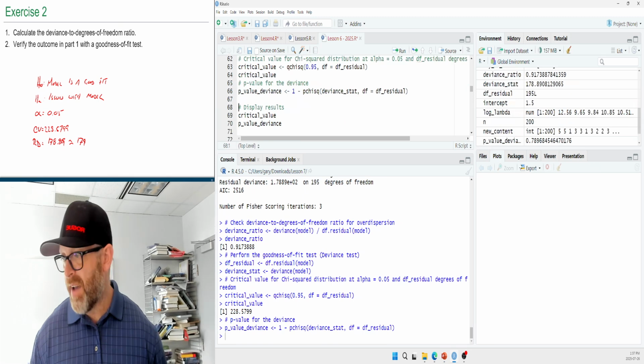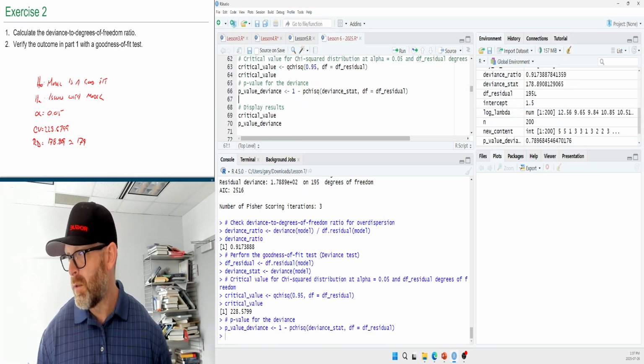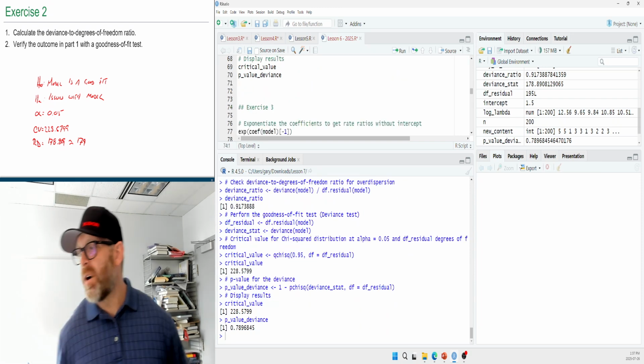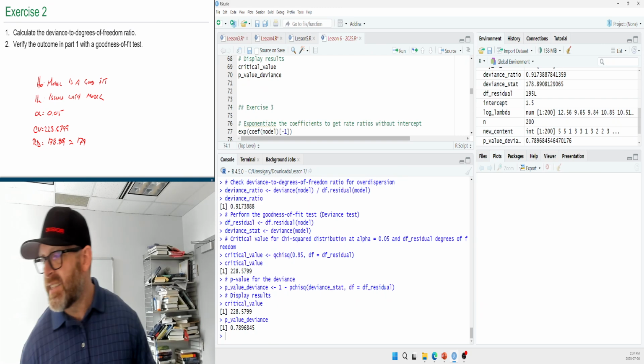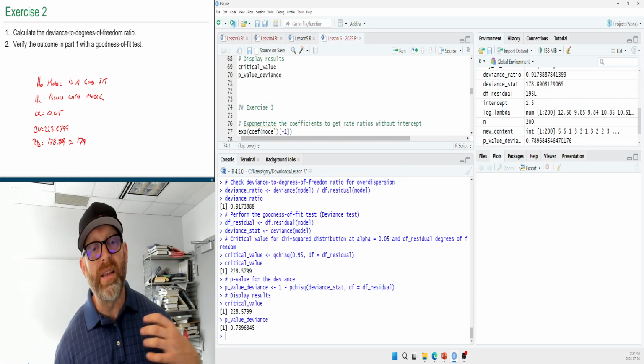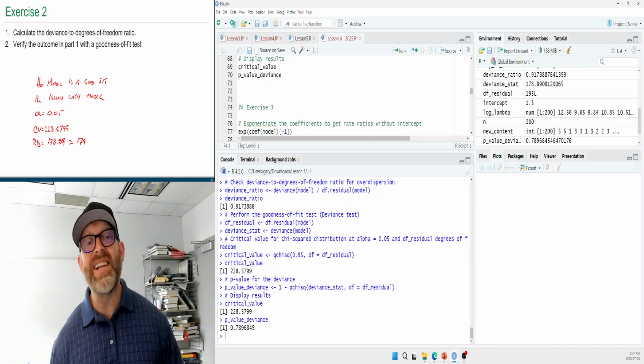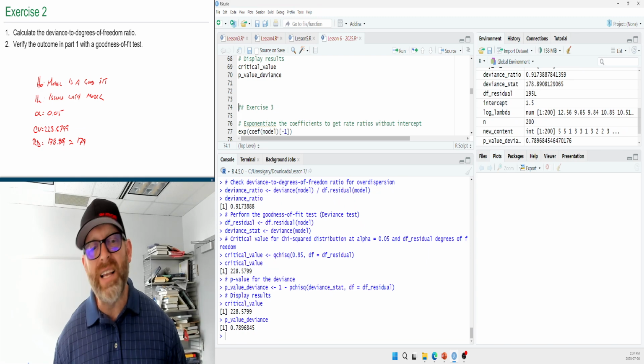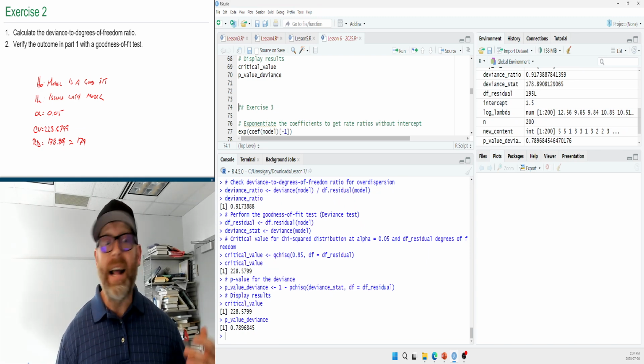Oh, I can display them both here. Here we go. P-value is 0.7896845. So the probability that we would see 178 based upon this degrees of freedom, we should see it almost 80% of the time. Okay, that's often.